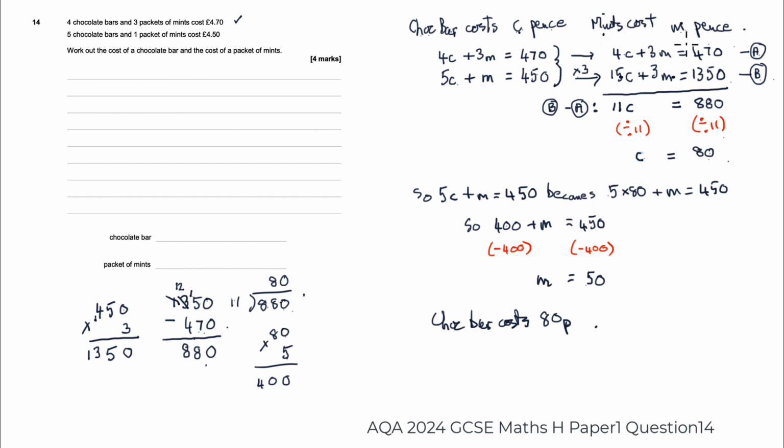Mints cost 50 pence. So a packet of mints costs 50 pence. 80 and 50.